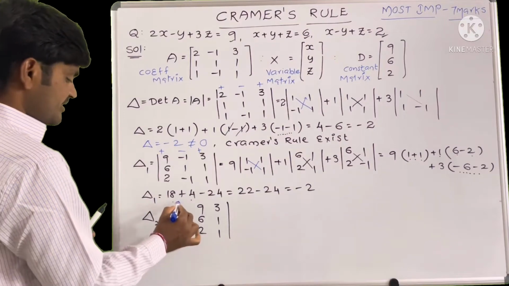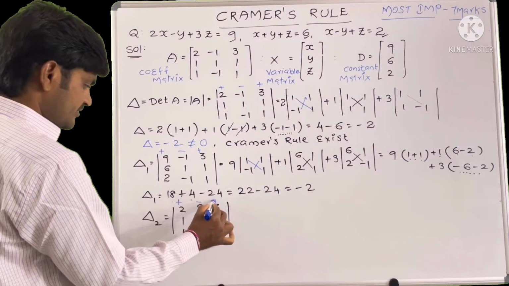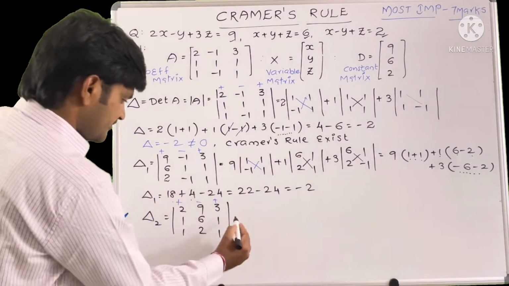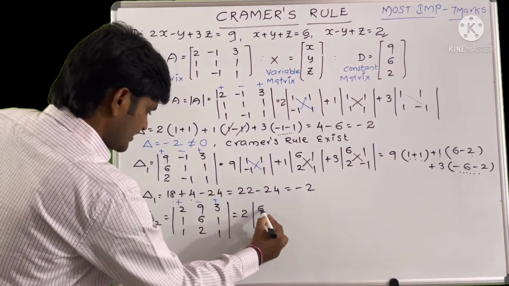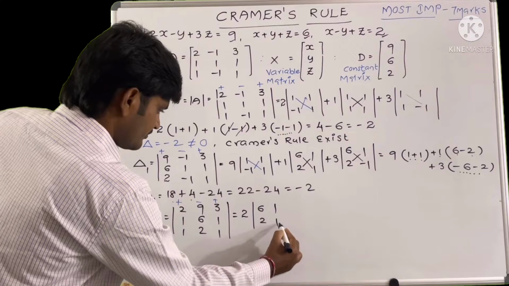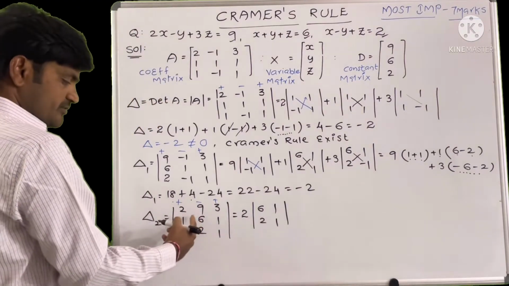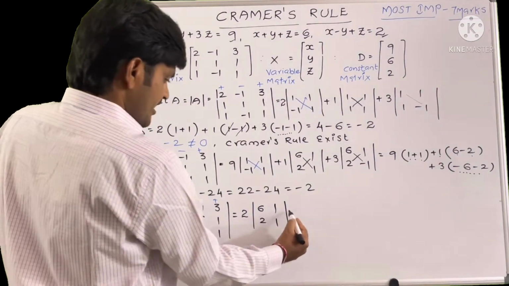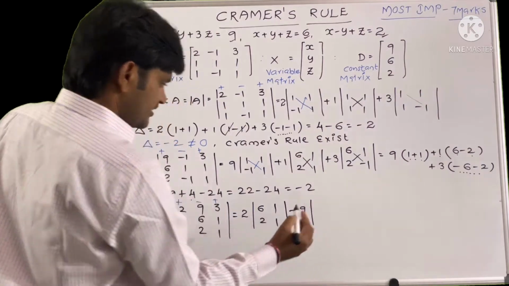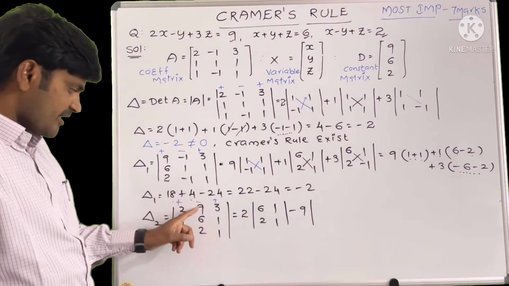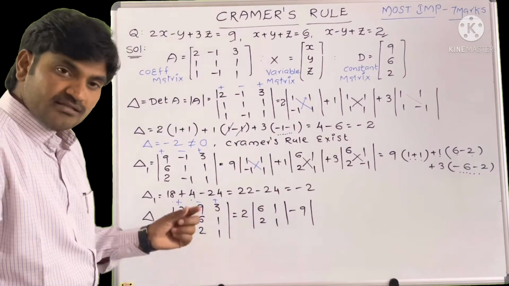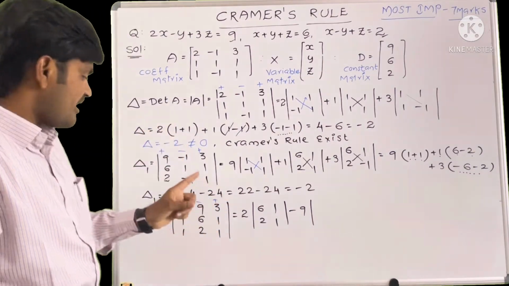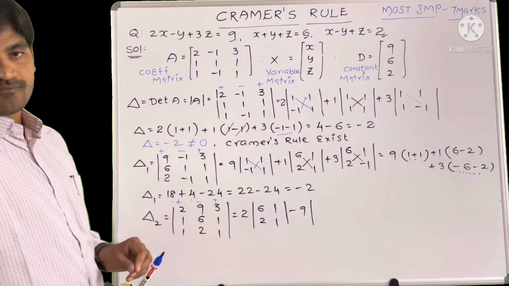Now using the signs plus, minus, plus, start. 2 into 6 1 2 1, and minus 9 into 1 1 1 1. The process is similar to finding the delta 1 value.